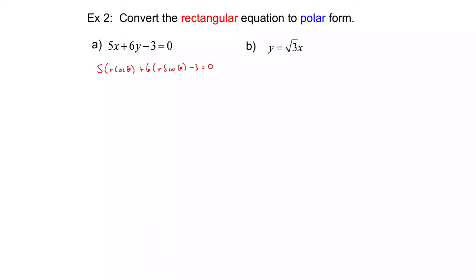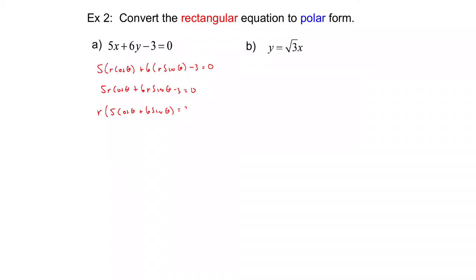Now we can rewrite this as 5r cosine of theta plus 6r sine of theta minus 3 equals 0. We need to get the r by itself, so factor out the r. So that would be r times 5 cosine of theta plus 6 sine of theta.